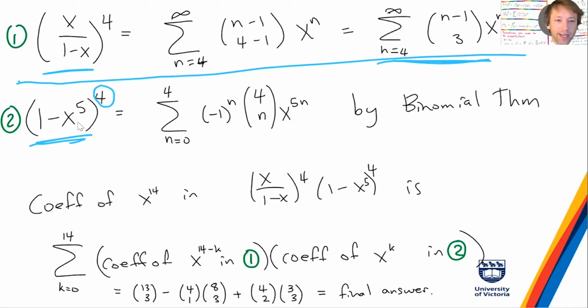To get this, I'm just doing a substitution in the binomial theorem by letting one of the variables be 1. So this is just the binomial theorem.